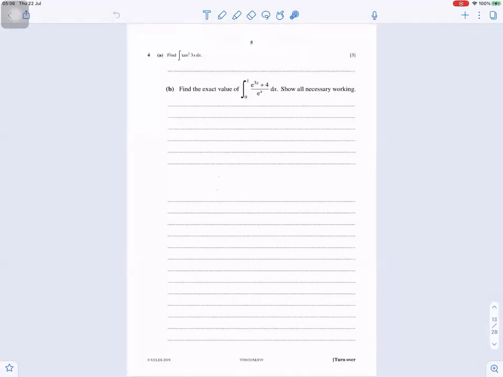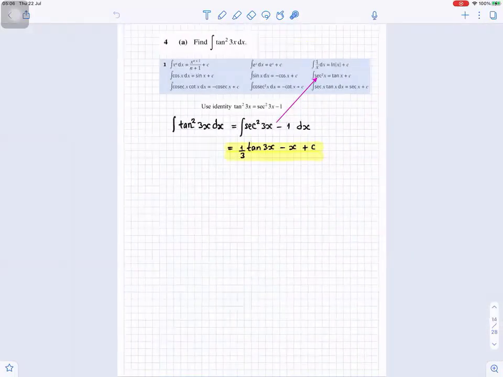Question number 4. Find the integral of tan squared 3x. So we're going to use this formula for the integral: the integral of sec squared x is tan x plus c. So we use the identity tan squared 3x, we will write it as sec squared 3x minus 1.